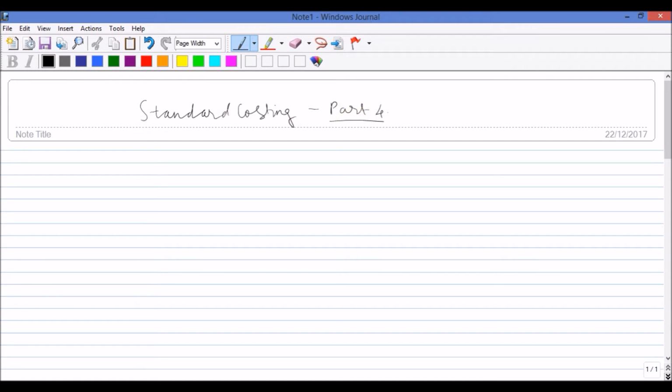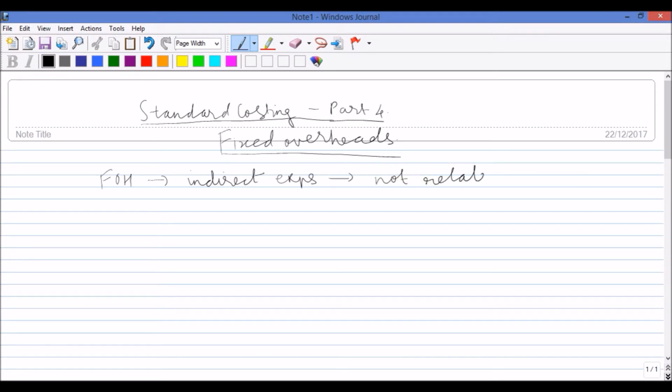This is a very important lecture for us, since in this lecture we are going to study fixed overheads. So fixed overheads is what I am going to cover. Now what is a fixed overhead? Fixed overhead is an indirect expense. It means it is not related to production.